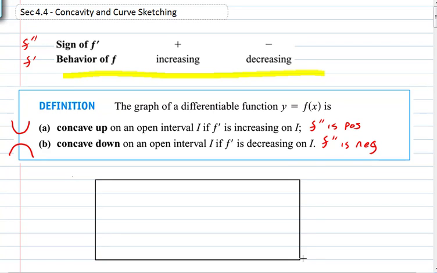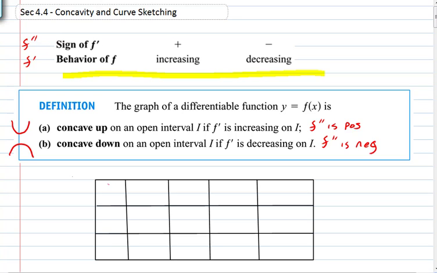where we look at the behavior of the function, first derivative, and second derivative. We're going to look at the function, the derivative, and the second derivative.